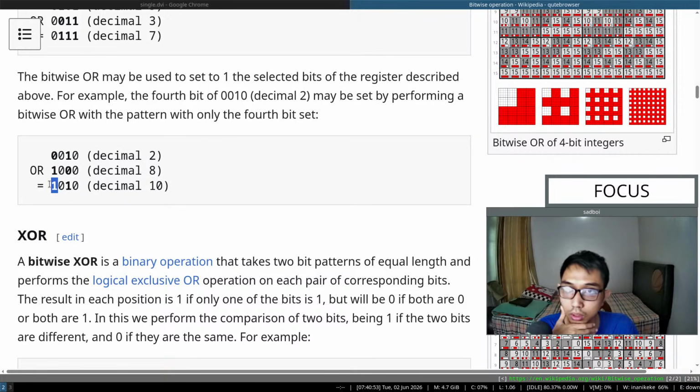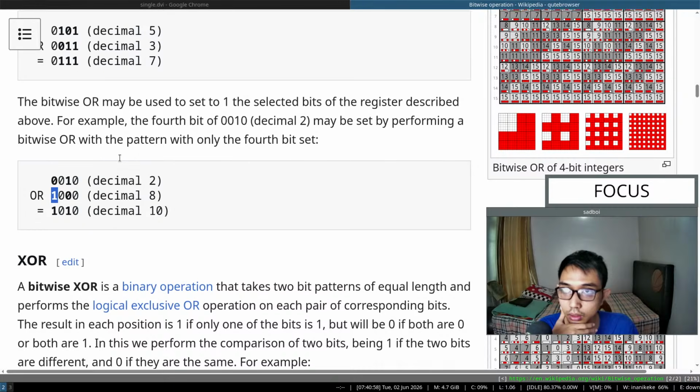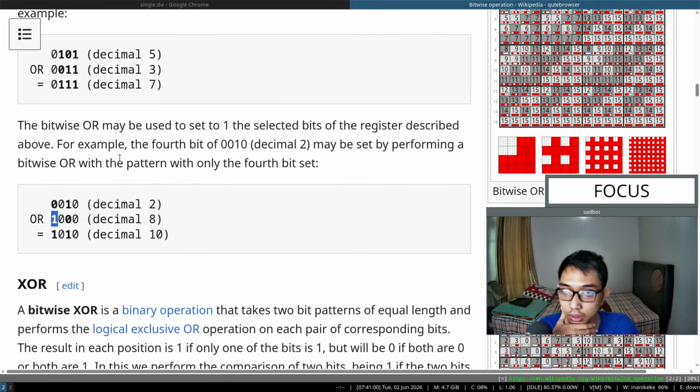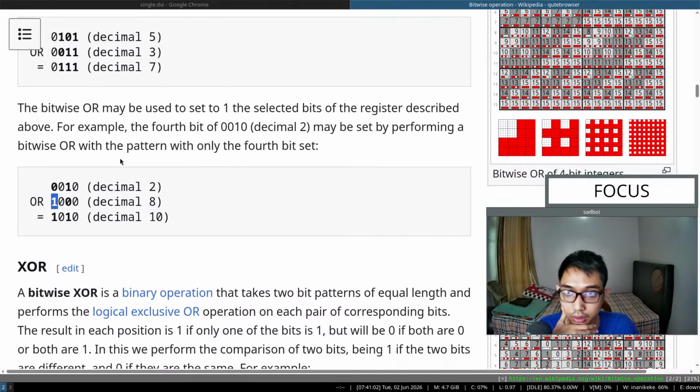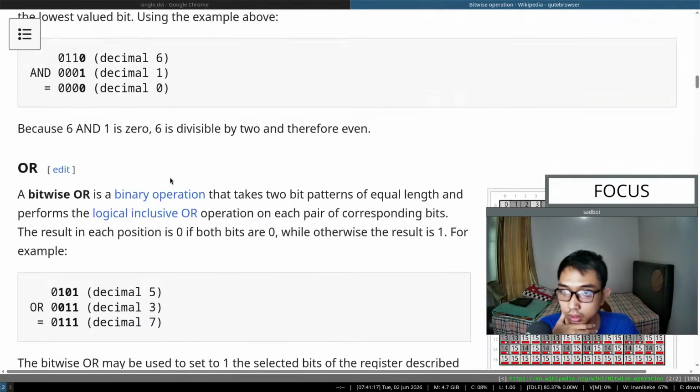Oh, so we are reading this from the right, I guess. I assume this is the first bit, second bit, third bit, and then fourth bit. Is that it?